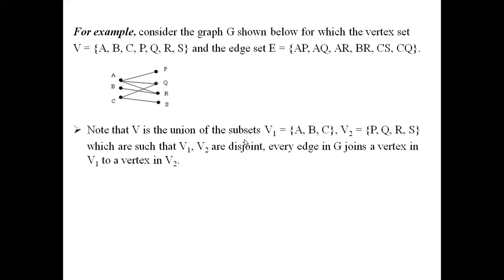So V is the union of the subsets V1, which consists of A, B, C, and V2, which consists of P, Q, R, S. They are such that V1 and V2 are disjoint. There is nothing common between the vertex sets V1 and V2. So every edge in G joins a vertex in V1 to a vertex in V2.